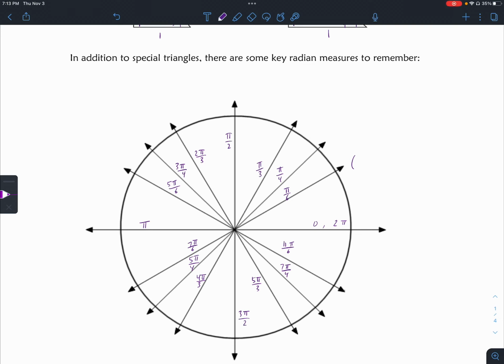So cosine of pi over 6 is root 3 over 2. And sine of pi over 6, or sine of 30, is 1 over 2. So that would basically be this point over here on the unit circle. So what we're looking at here is a unit circle, so the radius of this circle is 1 unit.